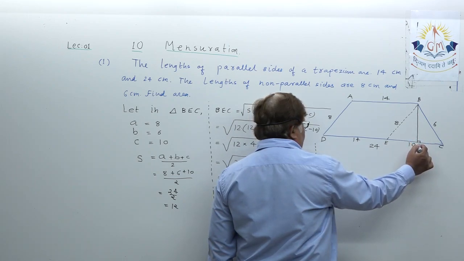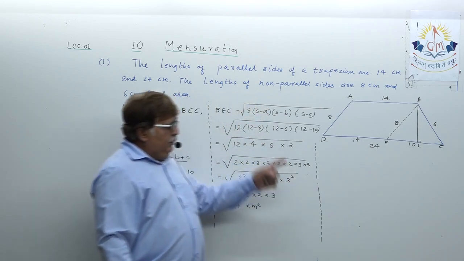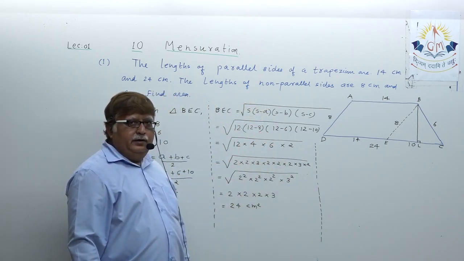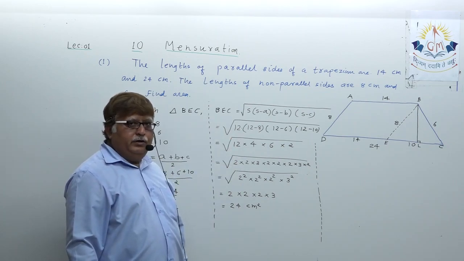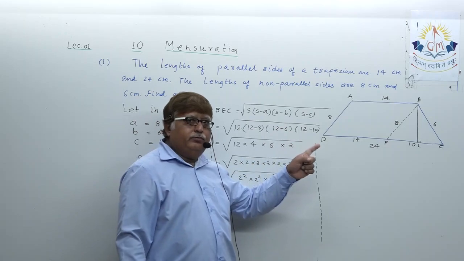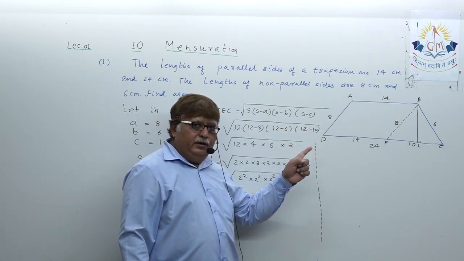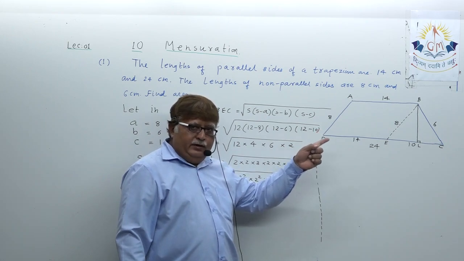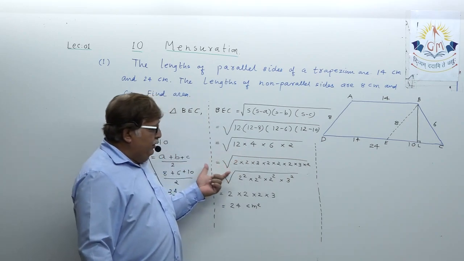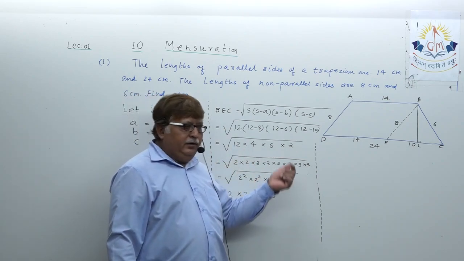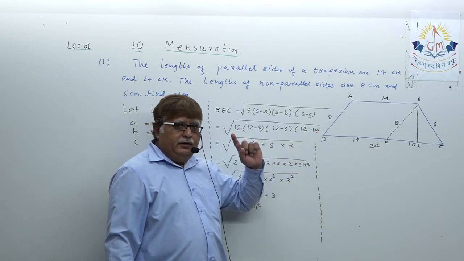Let me say it BL. My target is ultimately to find that altitude because that altitude shows me the distance between two parallel sides. So my target was that only. I found the area of the triangle by constructing one parallelogram and one triangle.